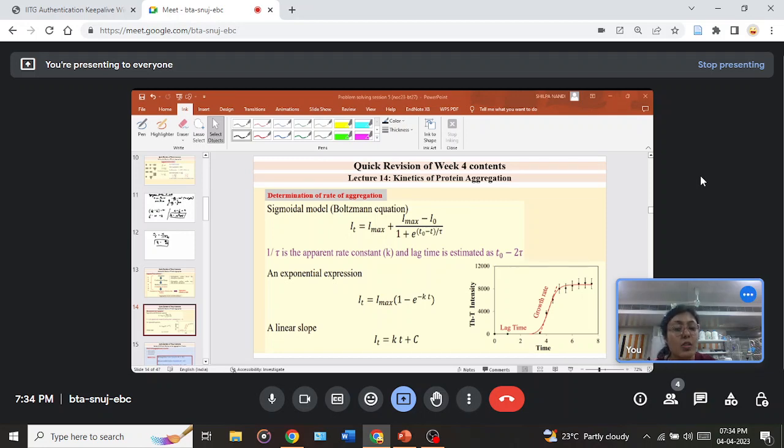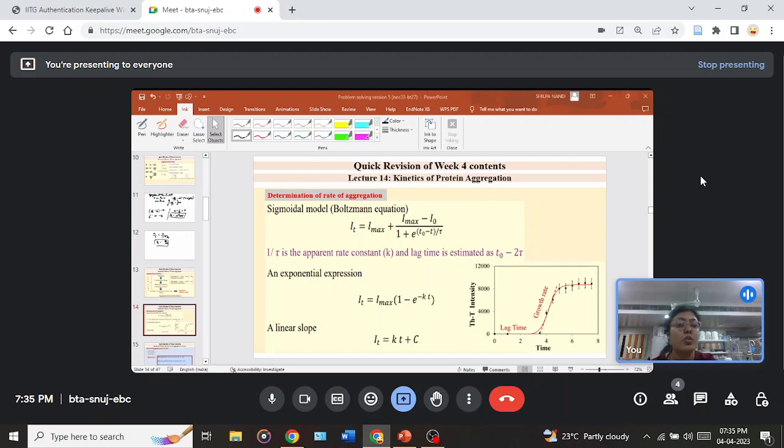So when you plot a graph between the ThT intensity versus the time, a sigmoidal shape graph will be formed in which, as you can see from time 0 to around 3 hours, it is the lag phase in which you have adsorption, conformational changes as well as nucleation.